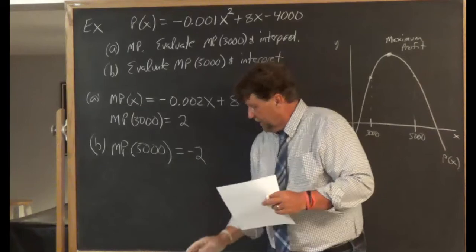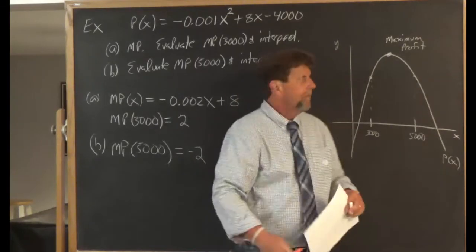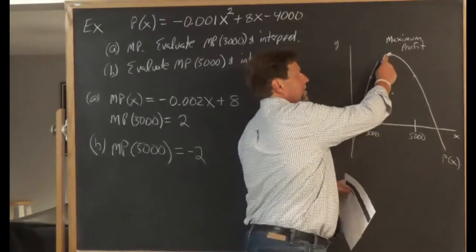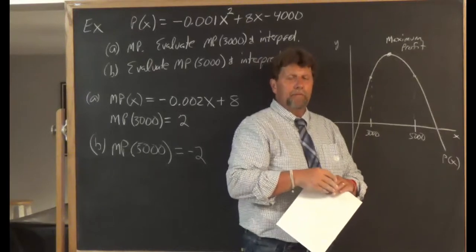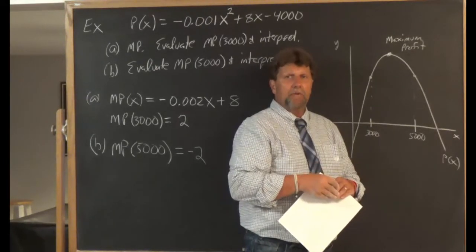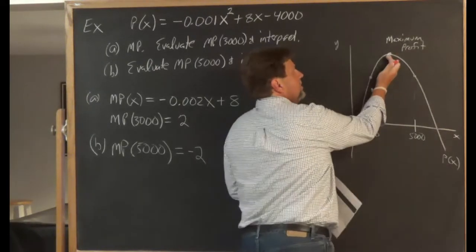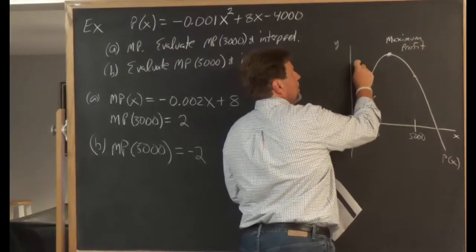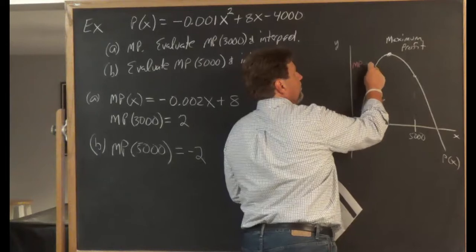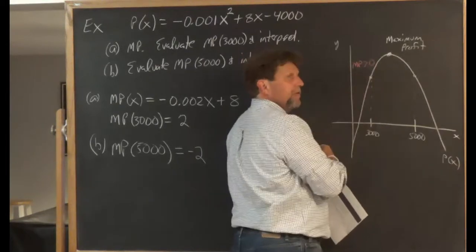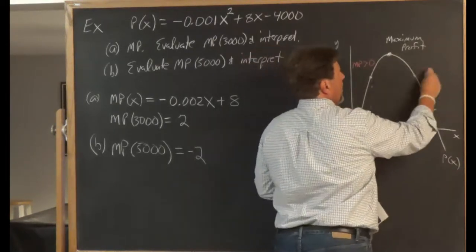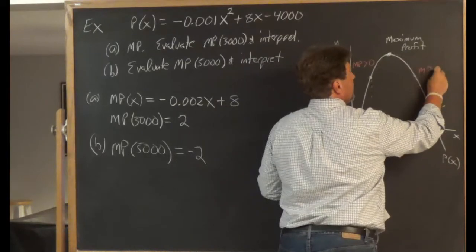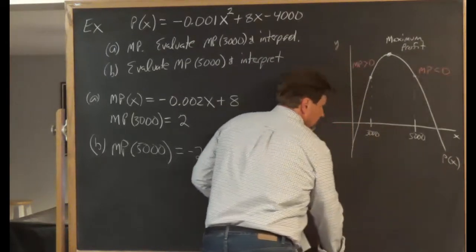So I always thought of the profit curve as where you want to get to: maximum profit. You want to maximize profit. To the left of where maximum profit is, marginal profit will be greater than 0. To the right, marginal profit is less than 0.